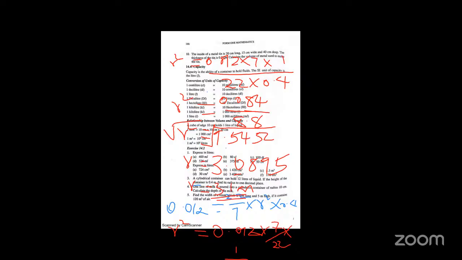In this case, you have been given the volume and the height, so you are required to find the radius. And since pi is a constant, which is 22/7, or you can use the other one, which is 3.14, it will still give you the correct answer.